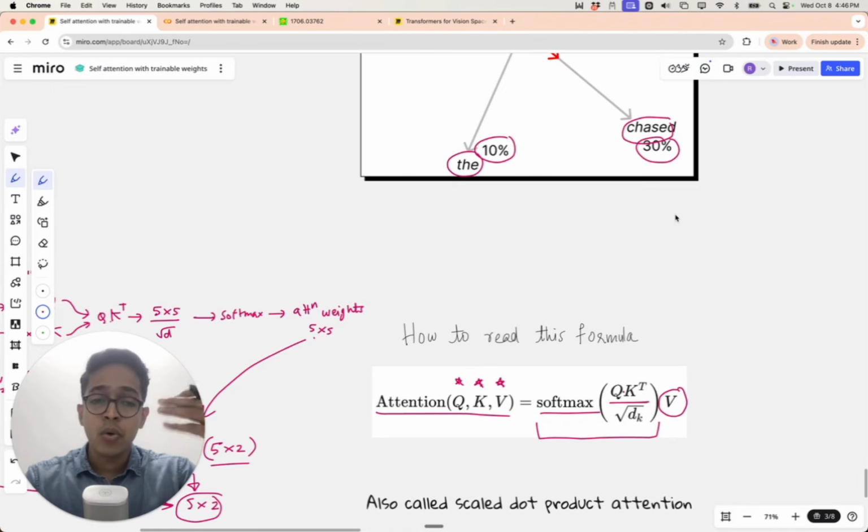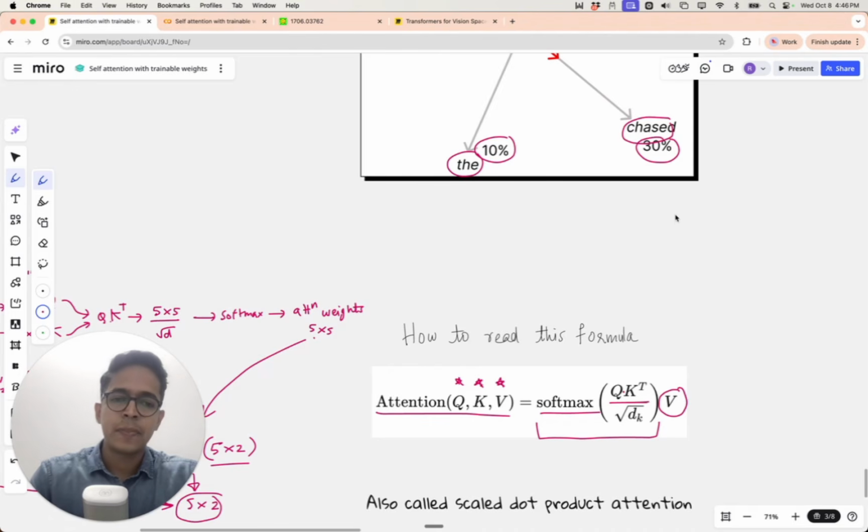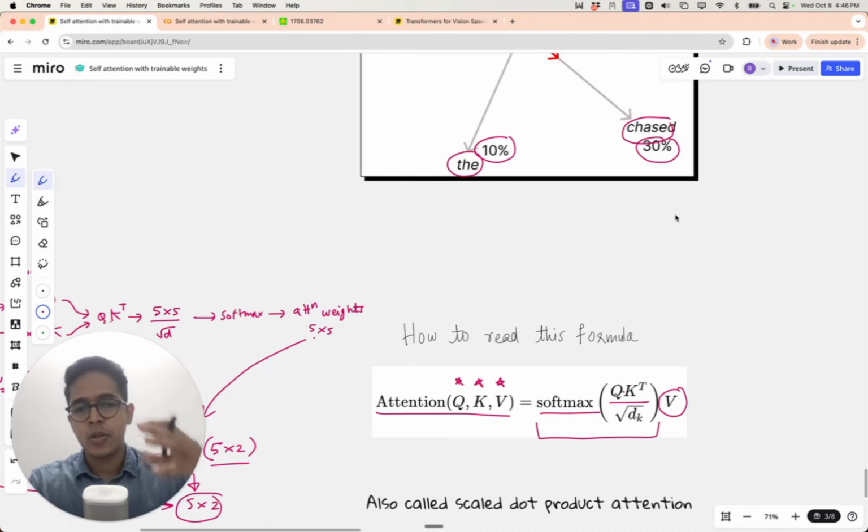So to improve your attention weights, you transform the input embeddings into another space, which is the query key value space. Then using that space, you construct the attention weights using Q and K. Those attention weights, after scaling down with the square root of D and after softmax, you multiply with value.